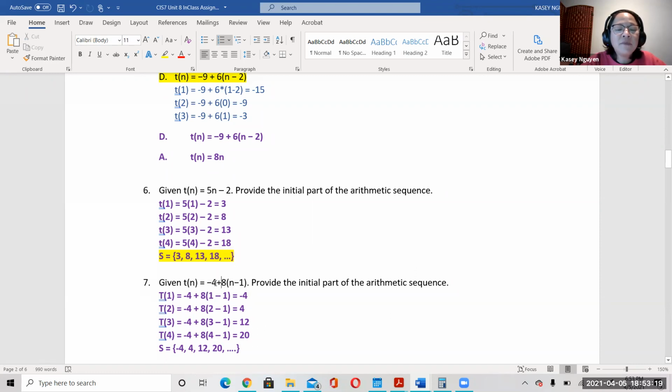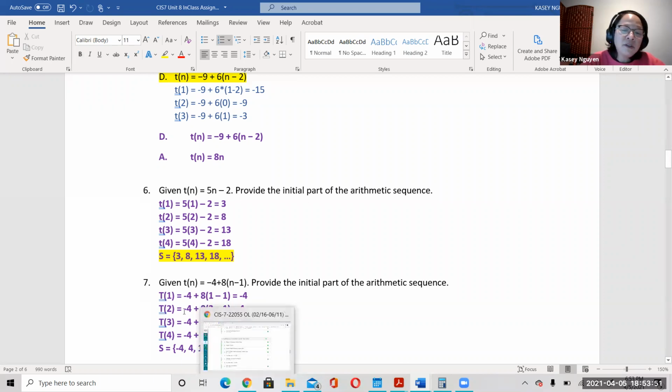So we see that this is going to be your a plus d times n minus 1. We start with T of 1, and we plug in 1 for n. So you have -4 plus 8 times 1 minus 1, which is 0. 8 times 0 is 0. So the first value is -4, which is here.